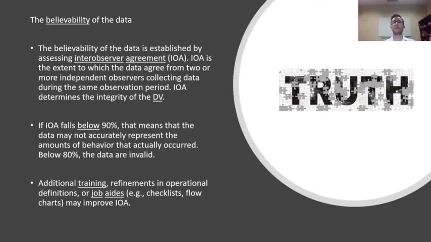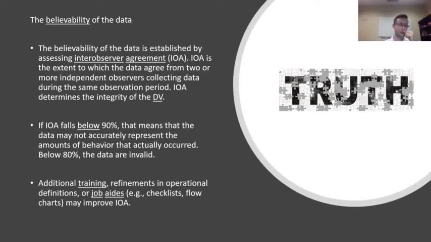And IOA should be assessed routinely and periodically across the intervention at different time points, because low IOA can signal that some additional training or refinements in the operational definitions or job aids need to be implemented to increase the accuracy and believability of the data.